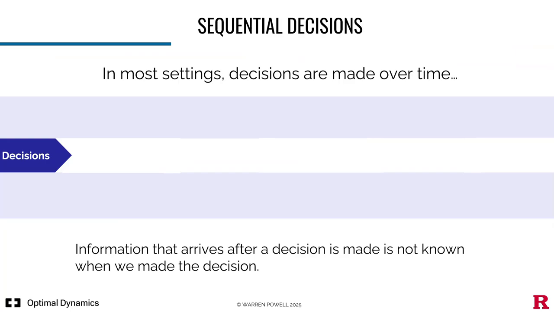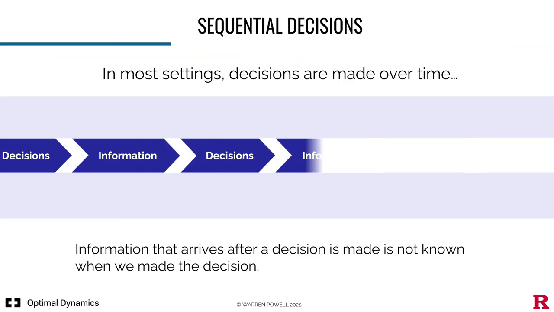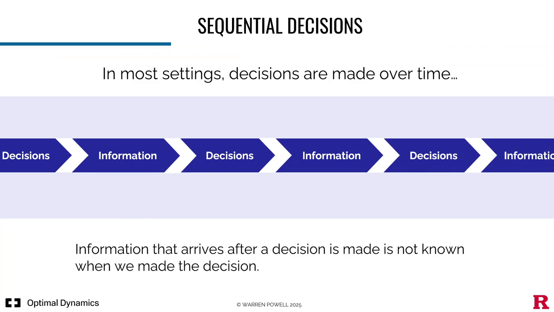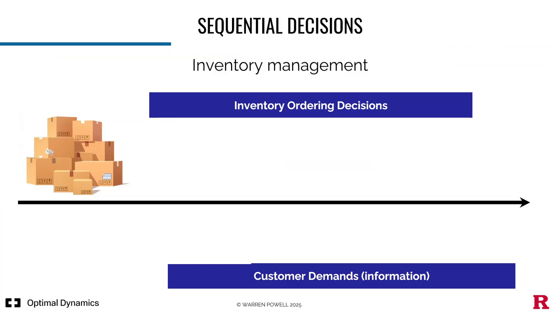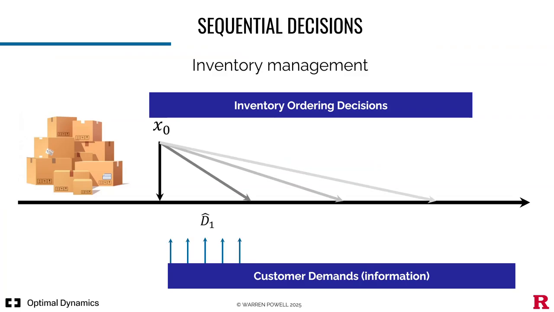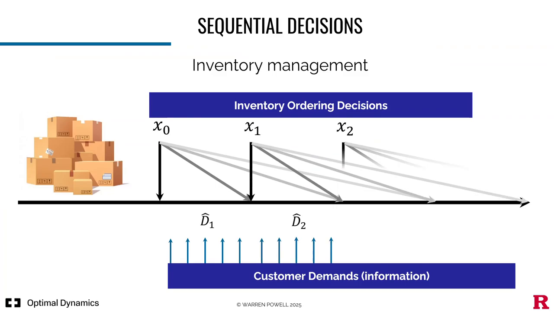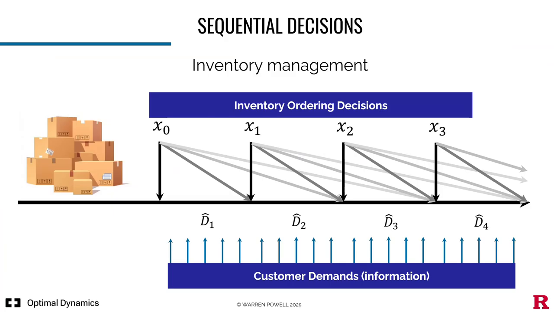Now, all of these are what I call sequential decision problems. Almost everything in human processes, because time always marches forward. So, for example, an inventory ordering problem, I place an order, maybe the inventory comes now or in the future, then I reveal the demands. Now I have to place more orders, so on and so forth.